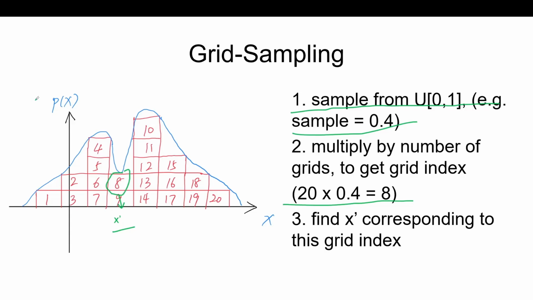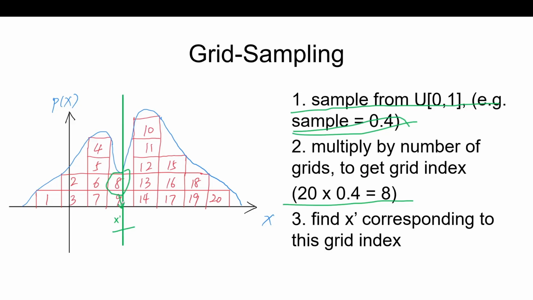So how do we go from here to inverse transform sampling? If we think about what we are doing here, we are basically trying to find a grid number, which is 8 here, with 40% of the grids on the left-hand side of this grid. If we draw a vertical line at x prime, there are 8 grids on the left of this vertical line.